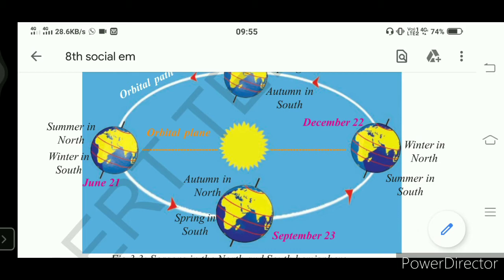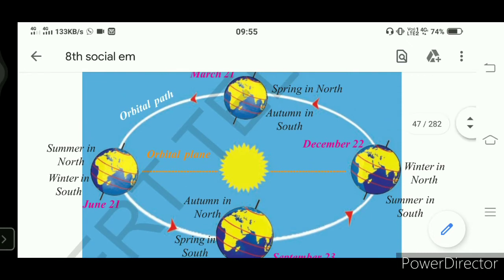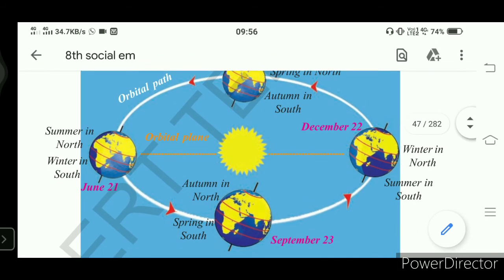At one moment the insolation is high at the Tropic of Cancer, that is June 21st, and at another moment it is at the Tropic of Capricorn, that is December 22nd.